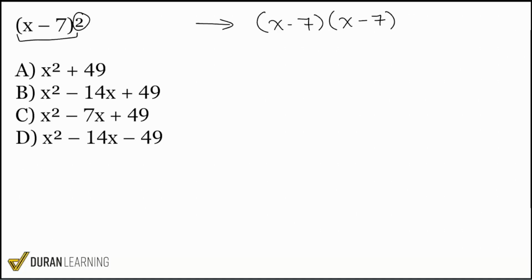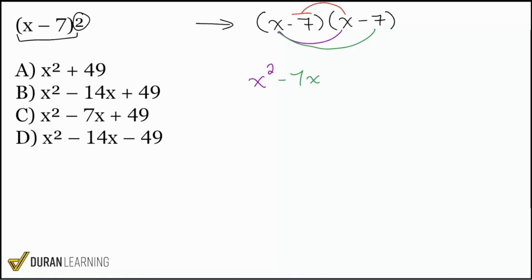So now that we have that going on, we're going to move forward like we have been with the distributive property. Everything from this parentheses multiplies with everything from the other. Here we go. We have x multiplied by x, x squared, x multiplied by negative 7, negative 7x. Then we're going to look to the negative 7 here, and let me just go up top.